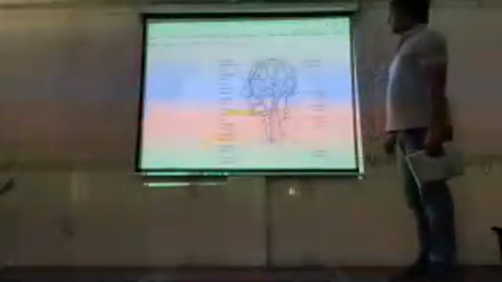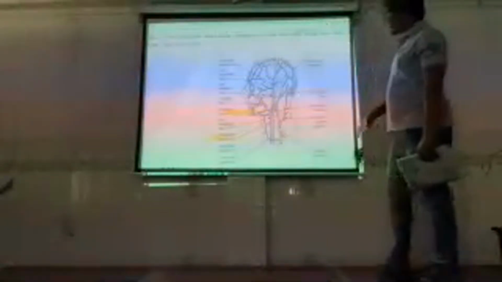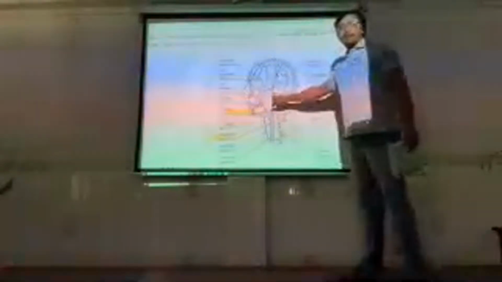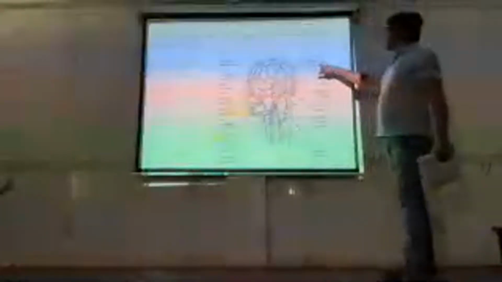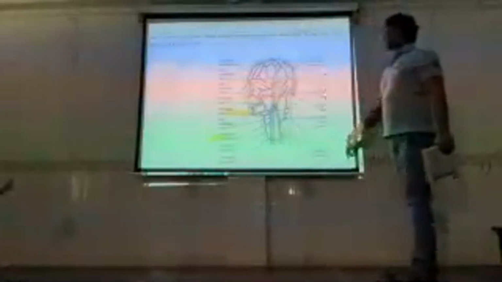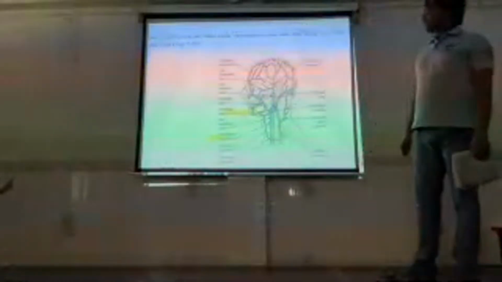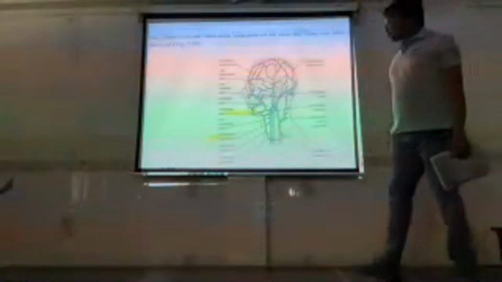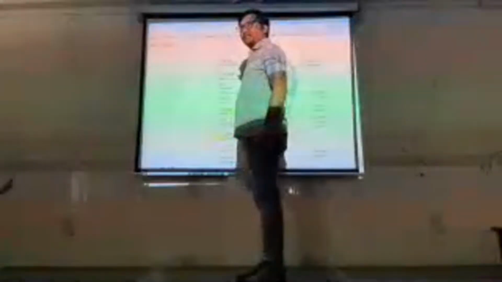Now, this particular vein which you can see here is the left superficial temporal vein. Listen to me. Why I am saying left is that I am showing you only this part.